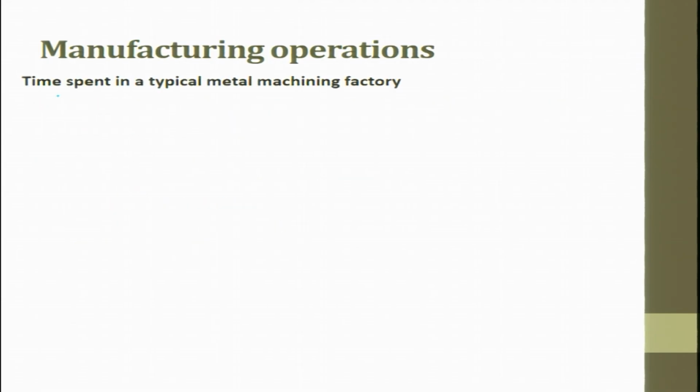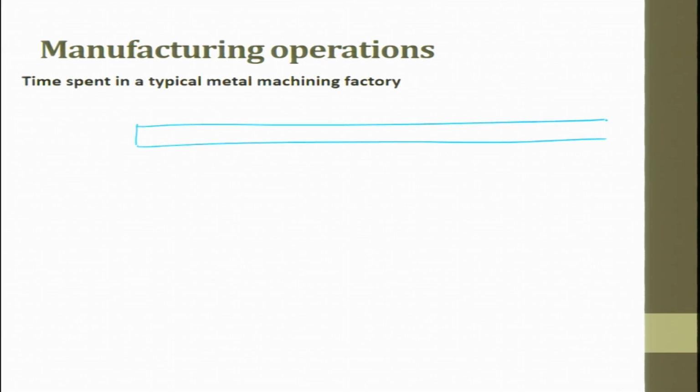When we look at the time spent in a typical metal machining factory, it is pretty interesting, and it is also an eye opener for us. Okay. So, if you take this as 100%, the job spends this much time on the machine, and the rest of the time it is used for moving and handling a job inside a factory.